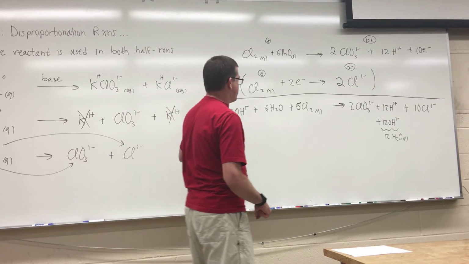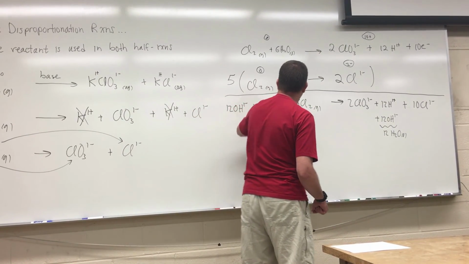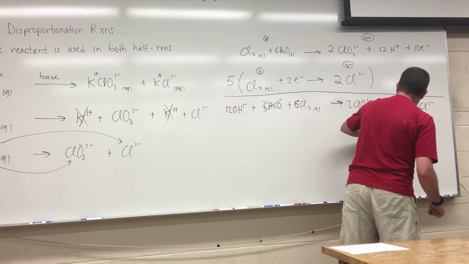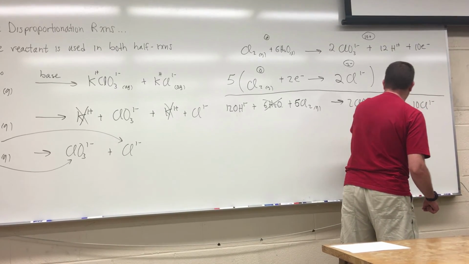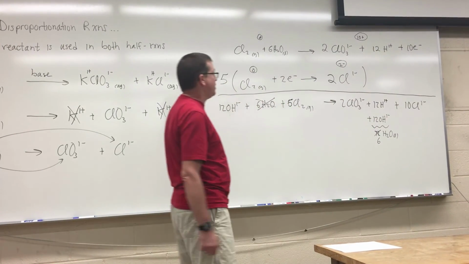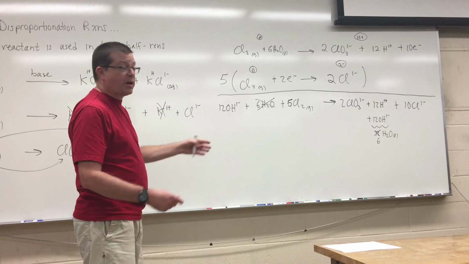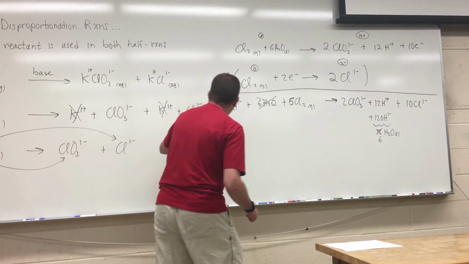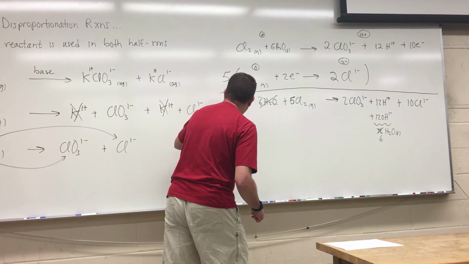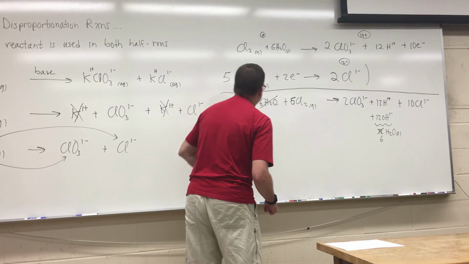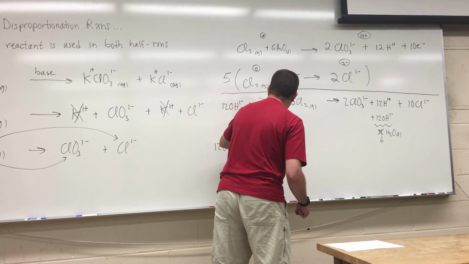I see 6 waters here. I can cancel these 6 waters out with 6 of the waters here. So that leaves me with 6 waters now on the right. So let's go ahead and pretty it all up. Looks like I've got 12 hydroxides here, plus 6 chlorine gases.